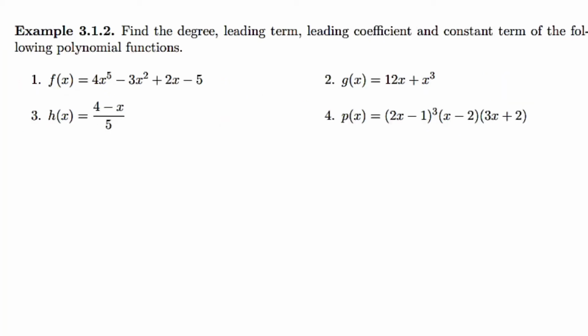Okay, let's look at a couple of these examples here. We're going to find the degree, the leading term, the leading coefficient, and the constant term. So if I'm talking about number 1, my degree is going to be my highest power, so that's degree 5.